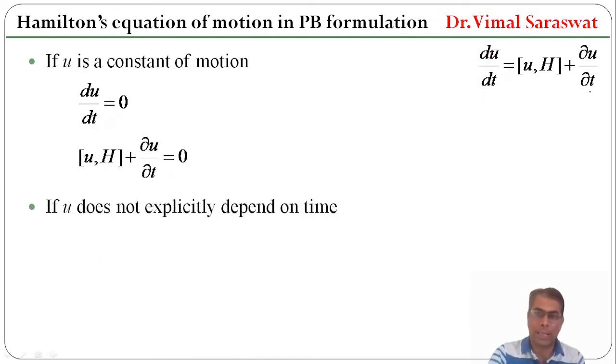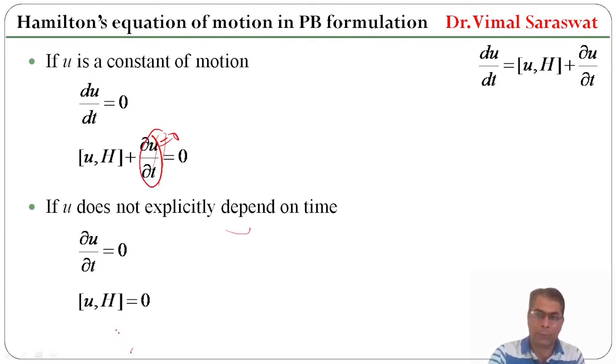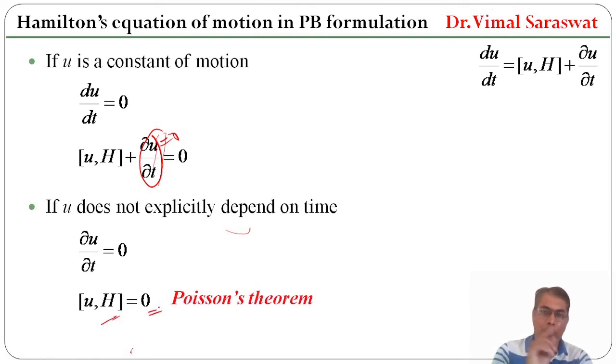If u does not explicitly depend on time, then del u by del t equals 0. So we put 0 here. It means the Poisson bracket of u and h equals 0. And this is Poisson's theorem, or Hamilton's equation of motion in Poisson bracket formalism.